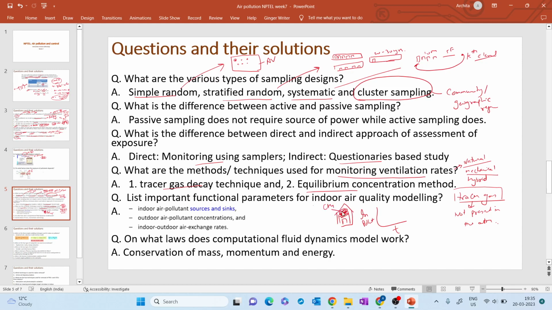Methane should not be used, but for now let's say I'm putting methane. We wait until the entire room or house is filled with this gas.